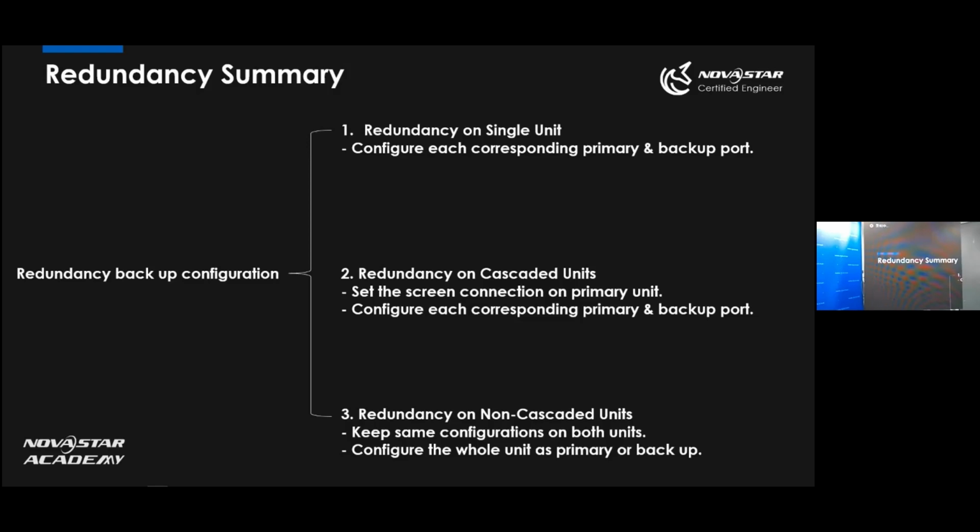So we have to configure the devices one by one and send the same screen connection to the devices. Finally, we configure the whole unit as a primary or backup device. No need to set the primary and backup ports one by one. So this is the main difference compared with the previous two situations.